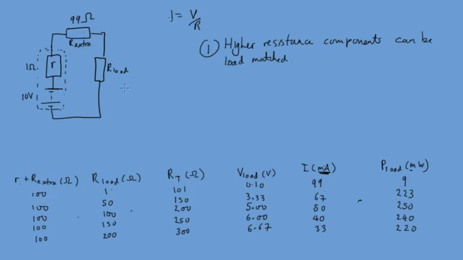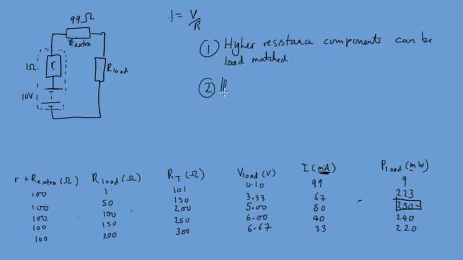A component is more likely to have these kind of values for resistance. So by having our extra resistance and load matching to r plus R extra, we can now load match to components that have a higher resistance. Because if we see, when we have our 100, 100, the power in the component is still at its peak when we load match to the resistance of r plus R extra.